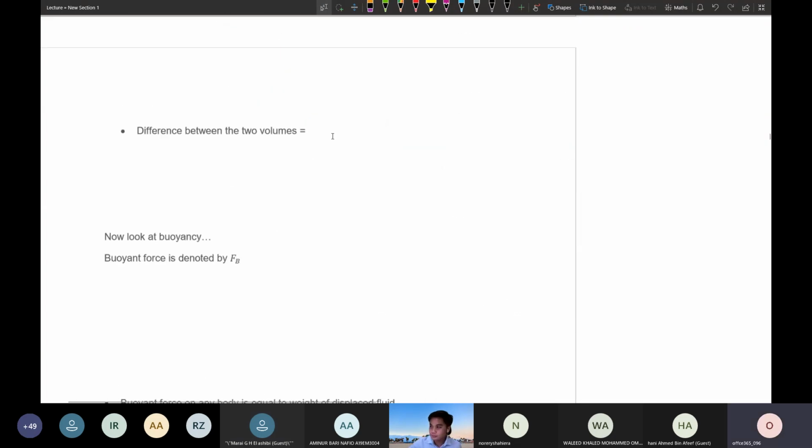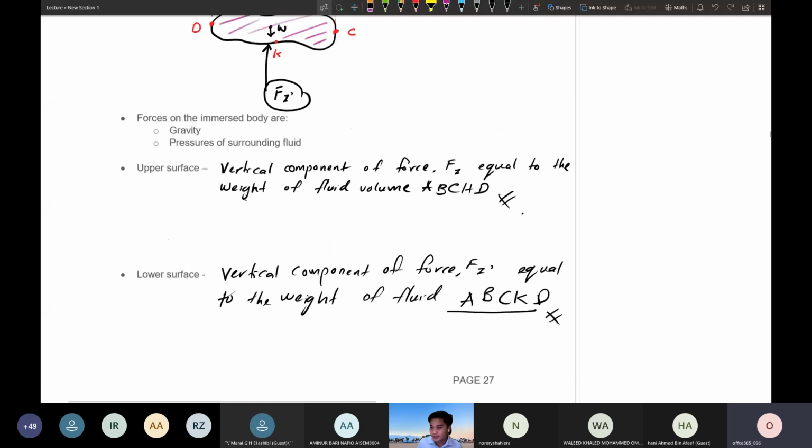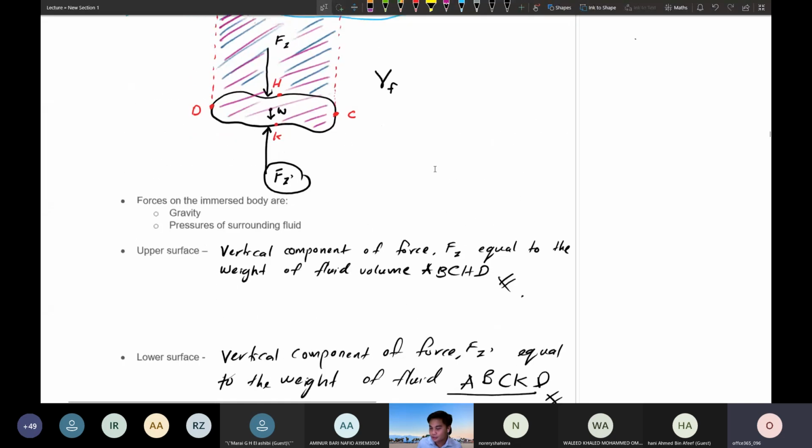So here is the volume of body: D, H, C, and K. Can you see the difference between two volumes? Yes, doctor. Okay. So far you understand?